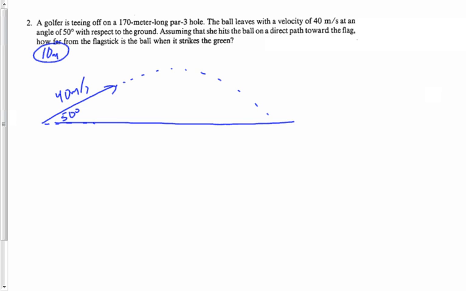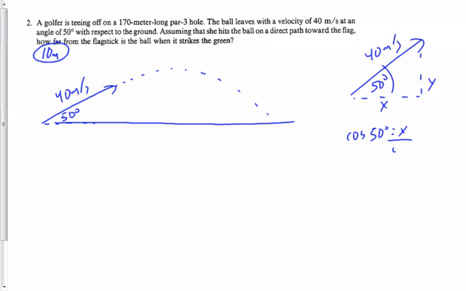Let's break the 40 meters per second up into the x and y components, because we don't like funny angles. We got x component here, we got y component here, 40 meters per second here, and an angle of 50 degrees. Cosine 50 degrees is equal to adjacent over hypotenuse, and sine 50 degrees is equal to opposite over hypotenuse.